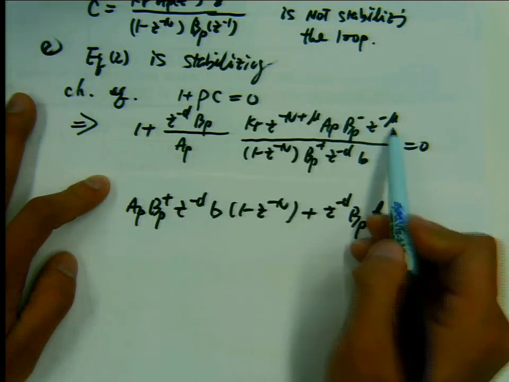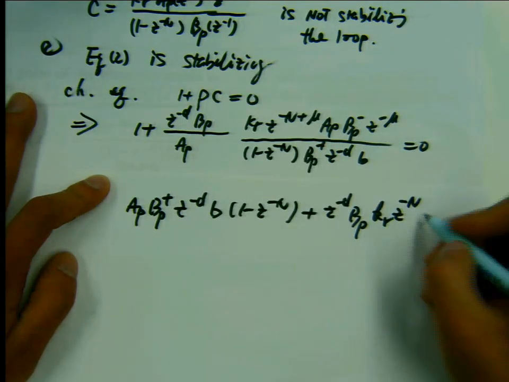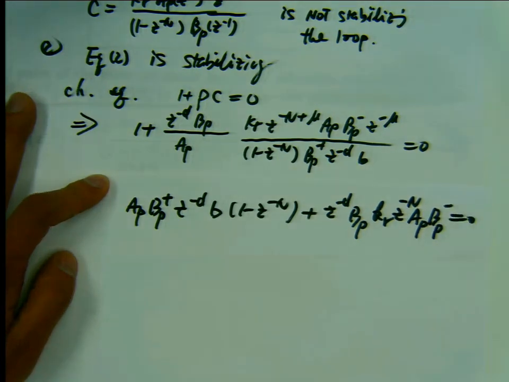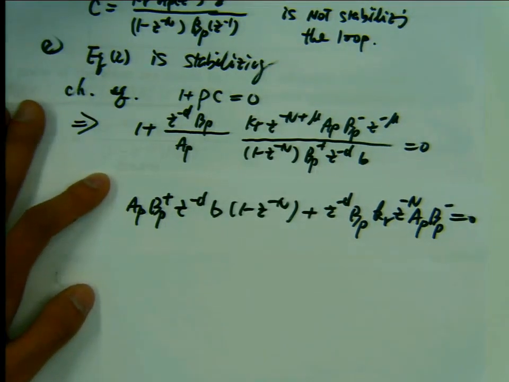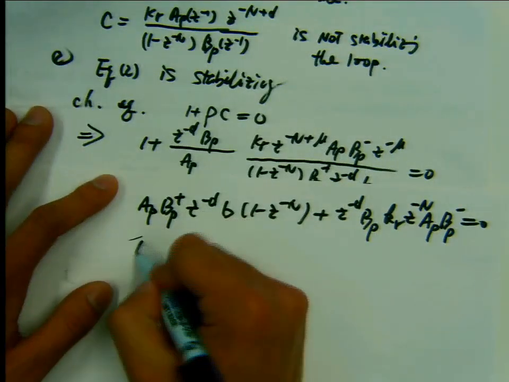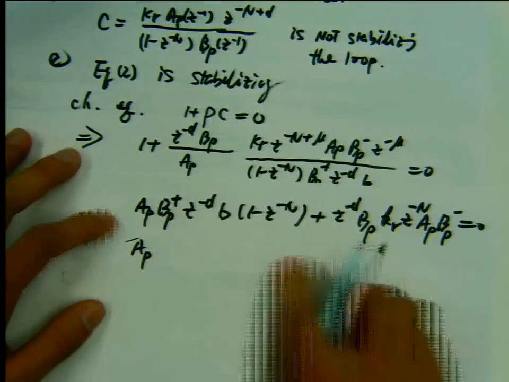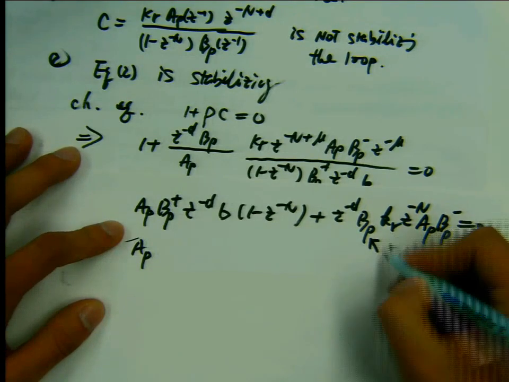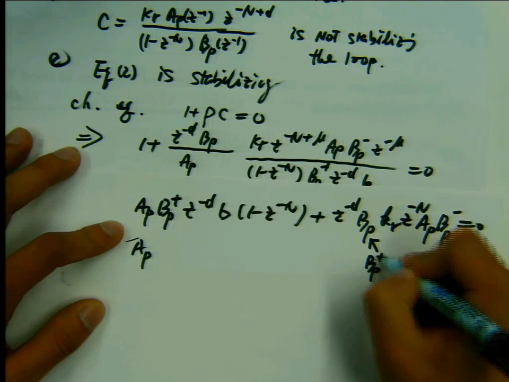So mu and negative mu cancel. I'm going to get AP BP minus. If I haven't made any typos, I have to be careful now, because BP is BP plus.